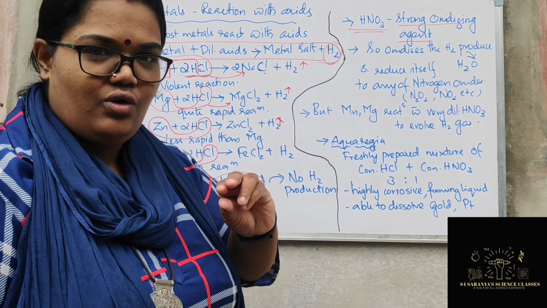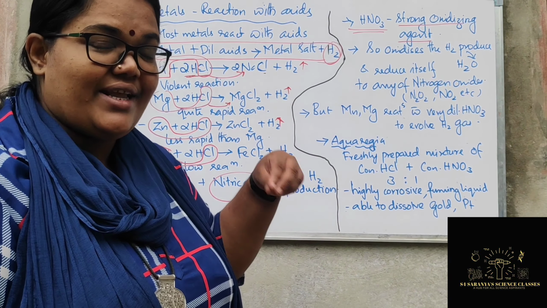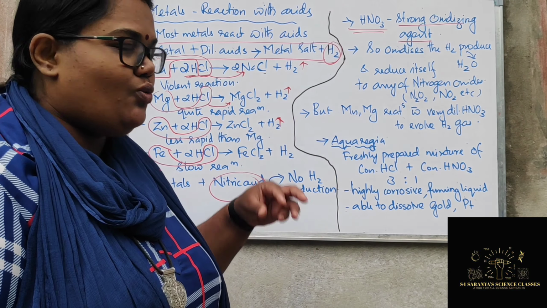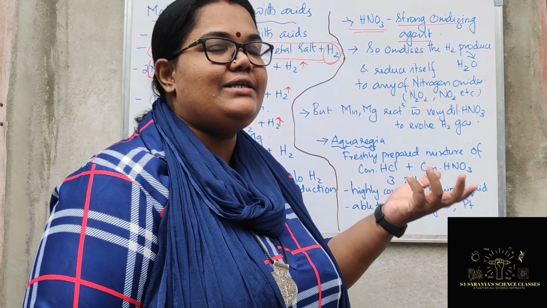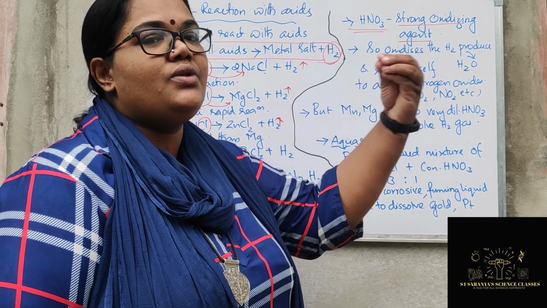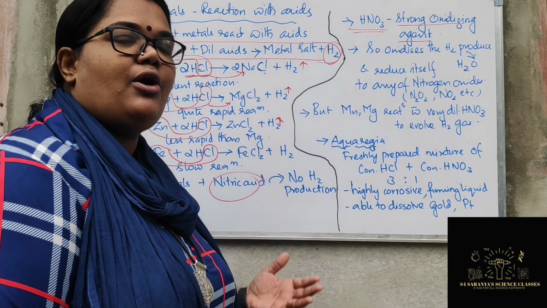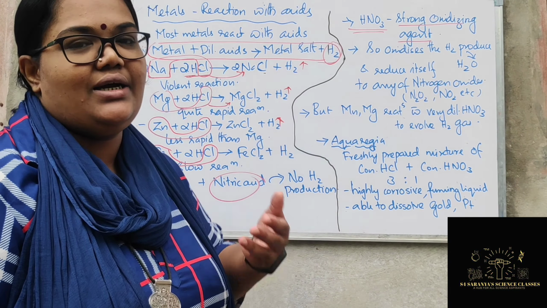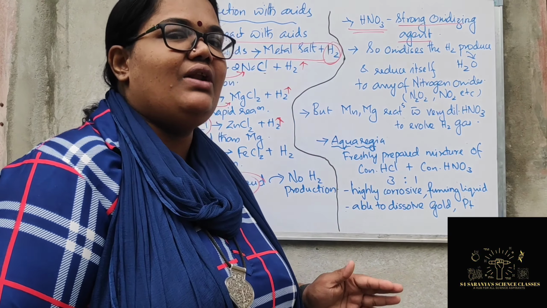So H2 added with oxygen by oxidation is converted into H2O, which is water. And the nitric acid itself is reduced into the corresponding oxides of nitrogen. It can be N2O, NO2, whatever, any of the oxides of nitrogen.